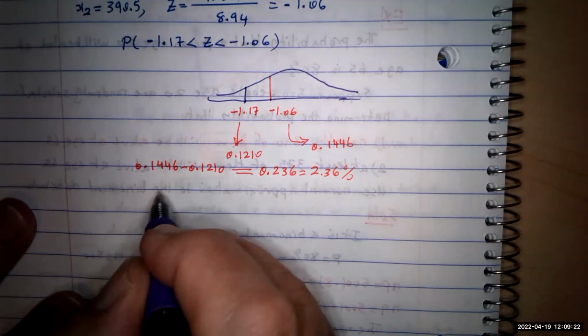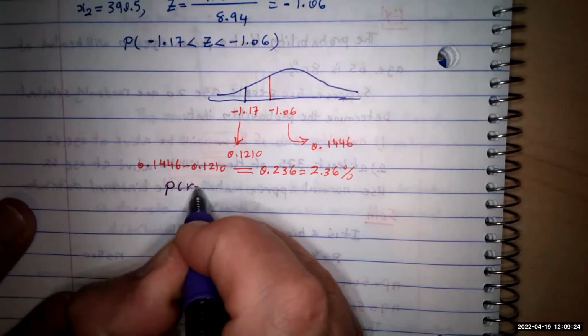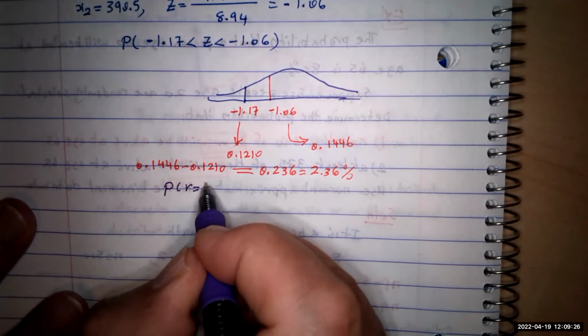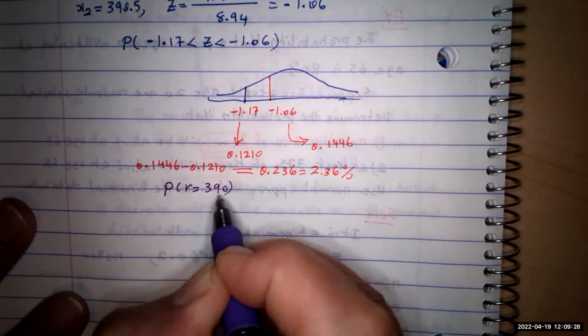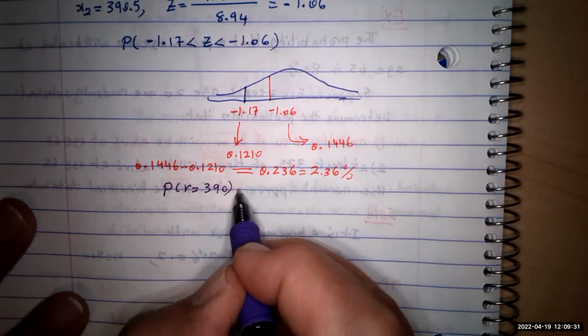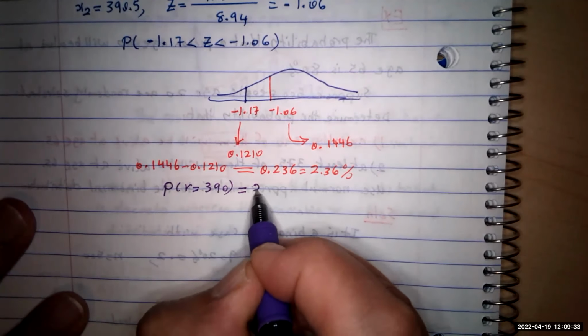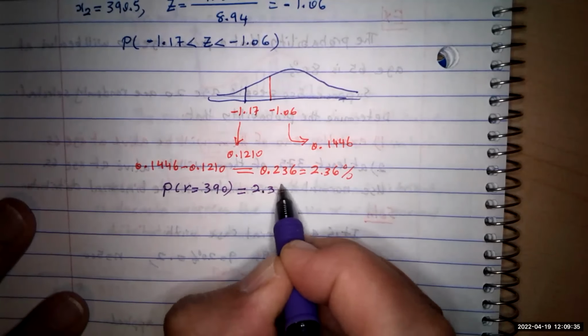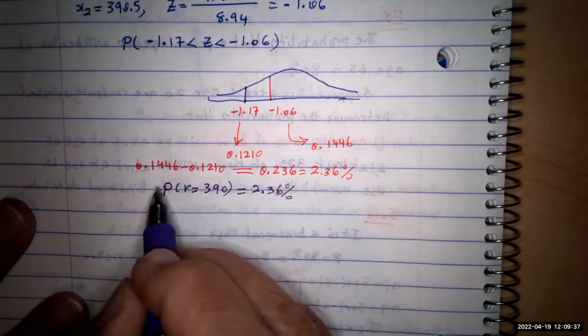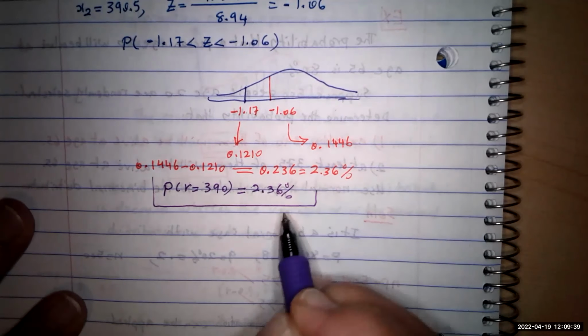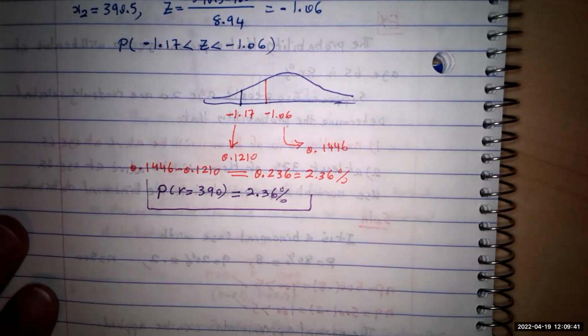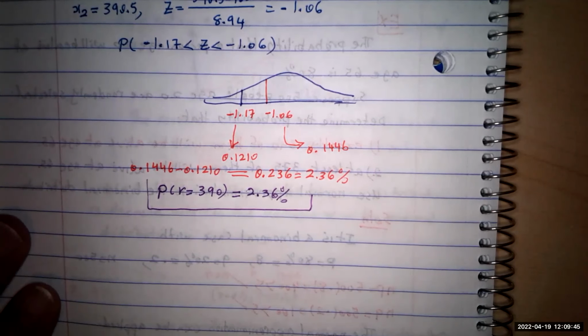So the probability that exactly 390 people would be alive at the age of 65 is almost 2%. I mean, 390 out of those 500 that we did. Okay, any question? So that's the first case.